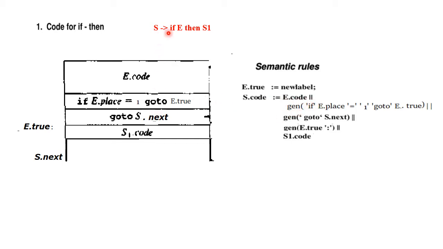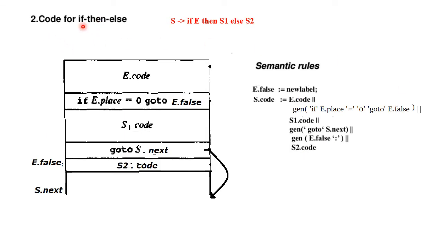Then we have to gen. Gen is used to generate three address statement. Gen if E.place equal to 1, go to E.true, and gen go to S.next, and we have to create this label E.true. Gen E.true. Then we have to execute this statement and we have to write three address statement corresponding to this S1 that is represented by S1.code.